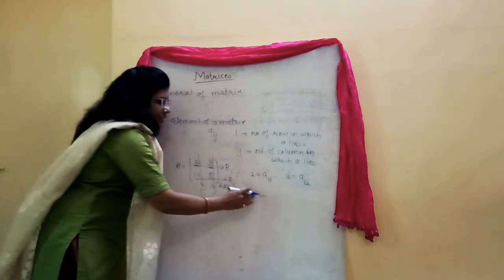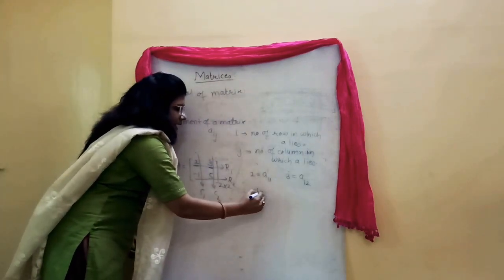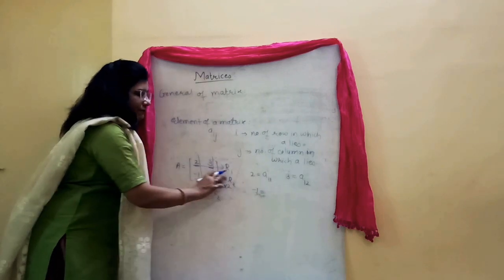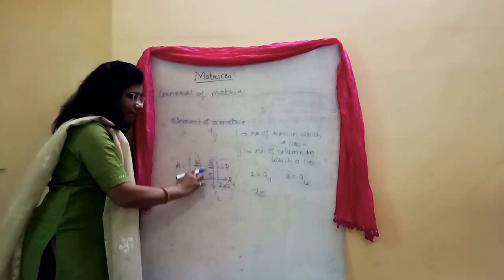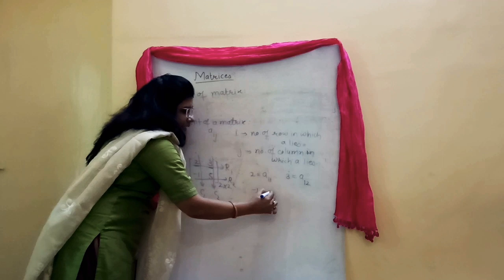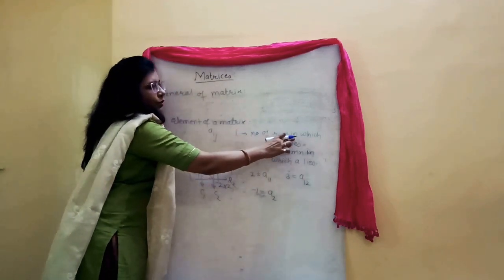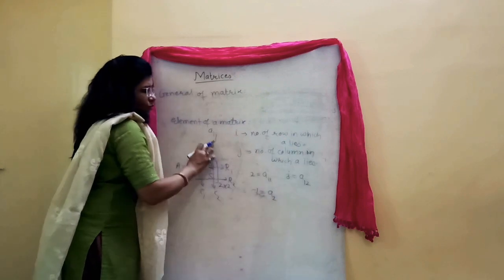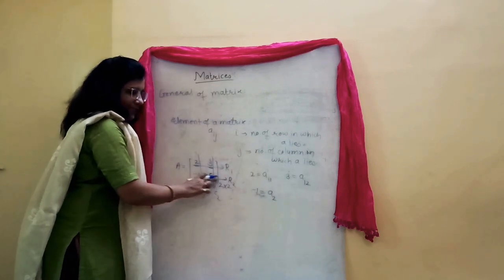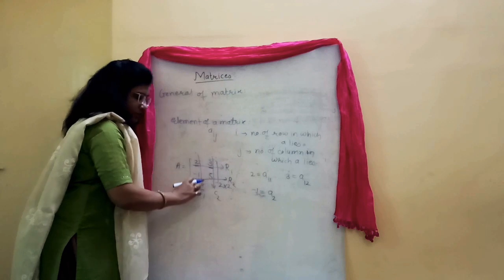Now what can you say about minus 1? Minus 1 is lying in the second row and first column. I denotes the number of row in which A lies, so minus 1 lies in the second row and first column.